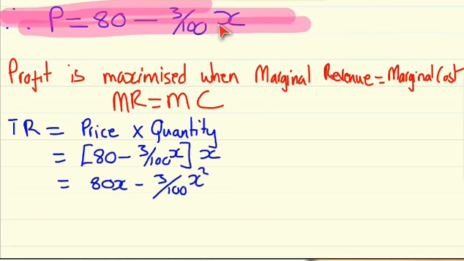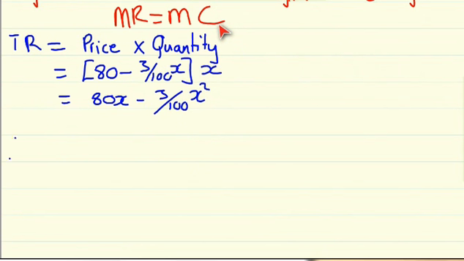Then to get my marginal revenue, I'm just going to differentiate my total revenue. I'm not going to go into differentiation. If you've never done it, I suggest you look for a textbook that might teach you how to differentiate. But what I'm doing here is differentiation.